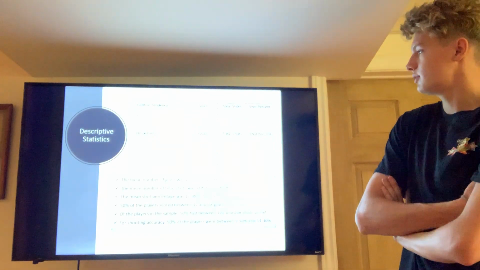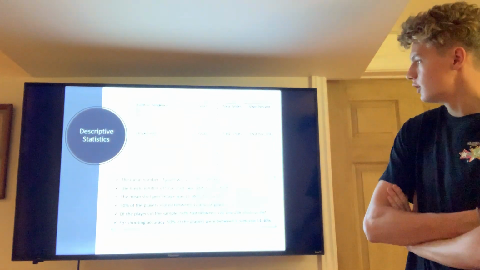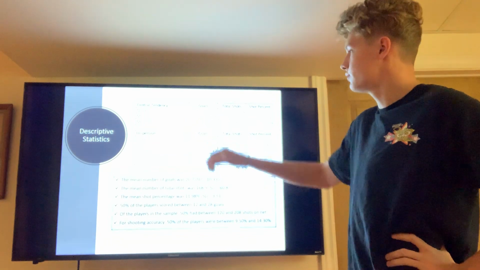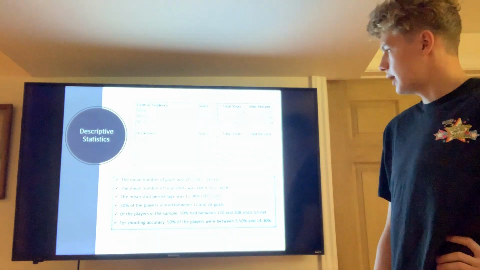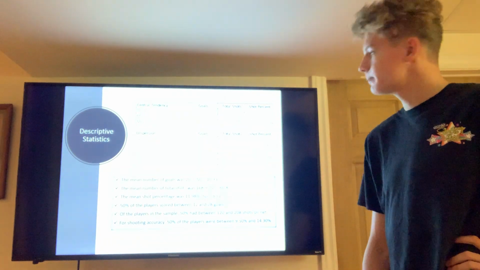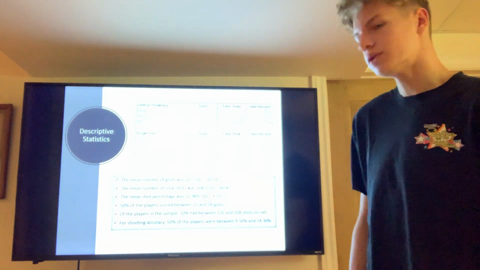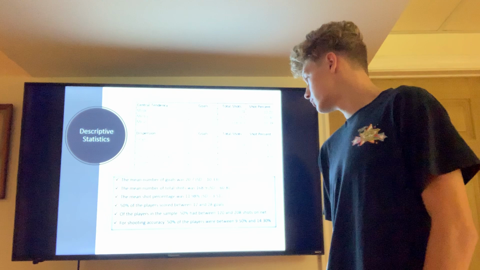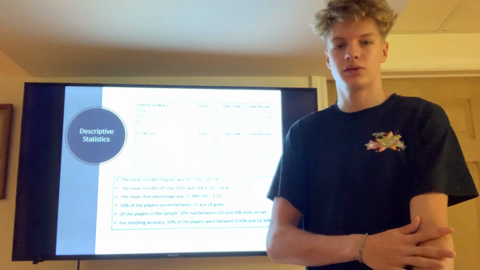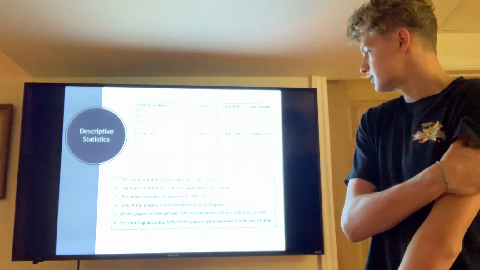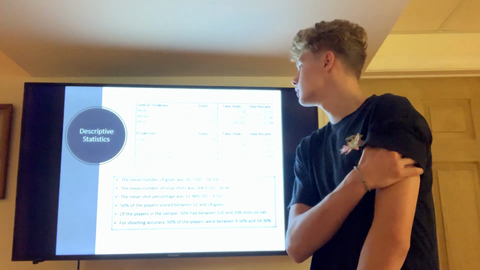Okay, so for my descriptive stats, for goals, my mode was 12, my median was 19, and my mean was 20.703. The range for goals was 49, the interquartile range was 16, the sample variance was 106.7, and the sample standard deviation was 10.33.